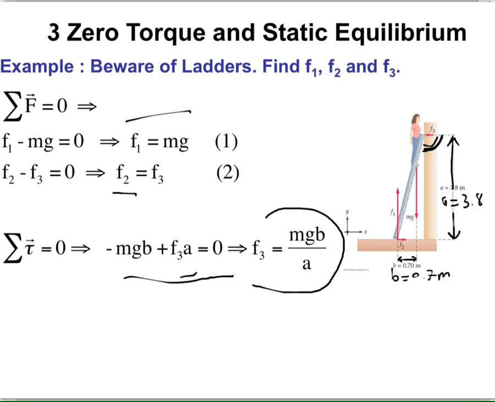But you can calculate this angle if you know the length of the ladder and this distance. But these distances are all not given in the problem. We can calculate. You can? We can find. How? With Pythagoras law.